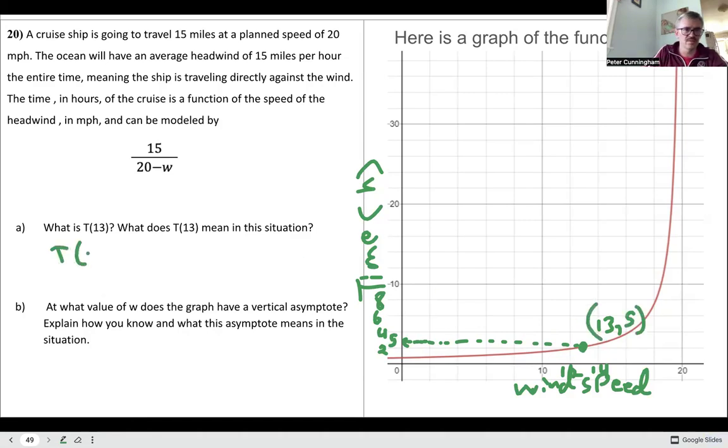Right? So T of 13, we'll put an approximate there because I don't know if my line is exactly straight, is 5. So what does that mean? So T of 13 equals 5.